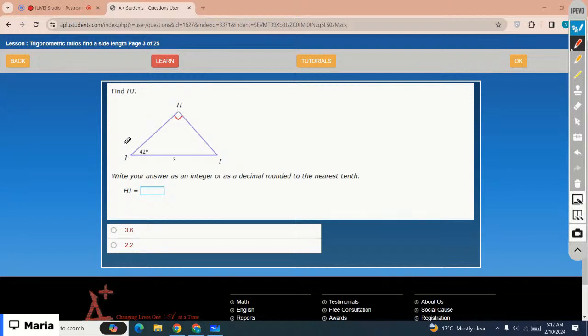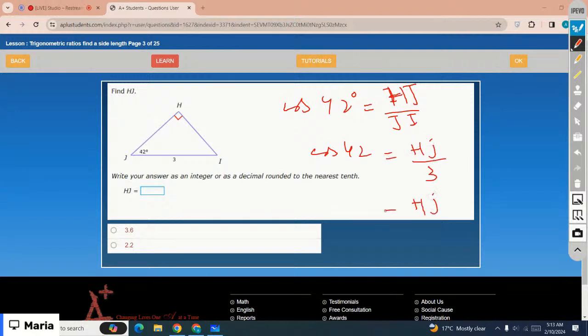How do you find HJ? You can calculate cos 42 again, right? Cos 42 equals HJ divided by JI. So cos 42 equals HJ divided by 3. So HJ equals 3 times cos 42.